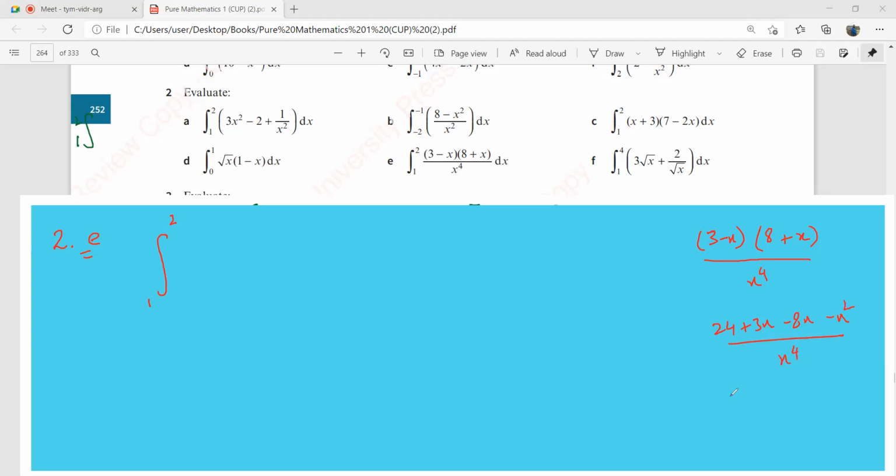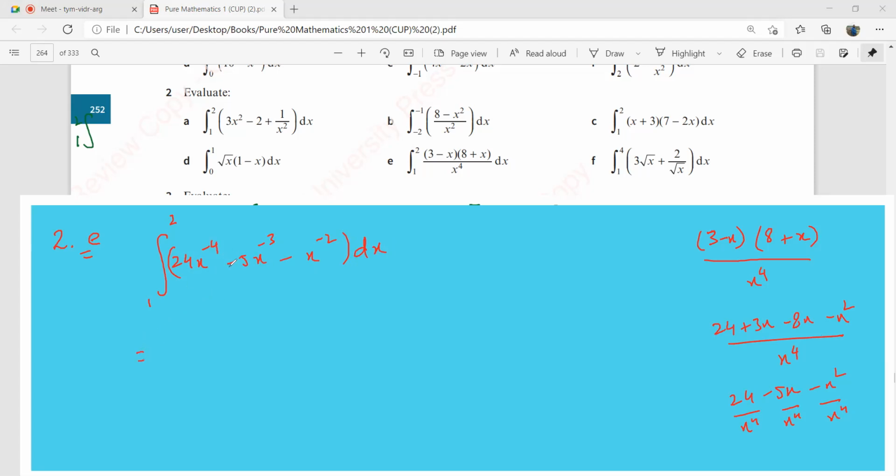This is 24 minus 5x minus x squared over x to the power 4. So I can write it here, 24x raised to power minus 4 minus 5x raised to power minus 3 and minus x raised to power minus 2. This is the form that we should have to integrate.